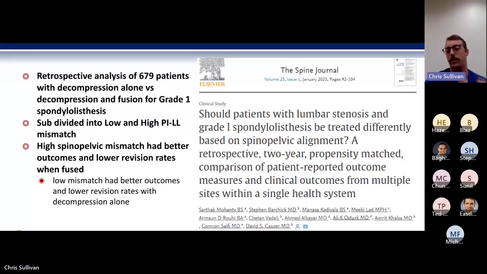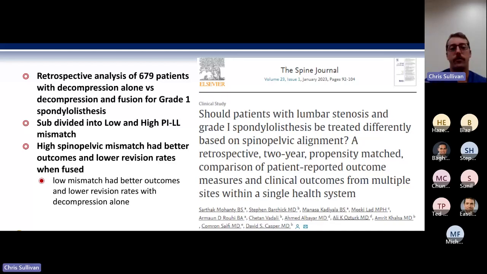These patients basically underwent decompression alone, or decompression and fusion. Each group was subdivided into a low or a high PI-LL mismatch, which was generally used to represent whether or not they had a sagittal malalignment.